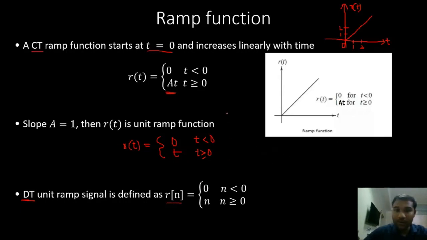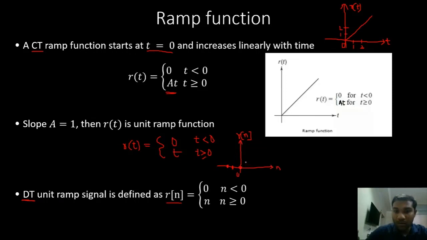Now we can draw the mathematical representation like this. For n, this is n and this is r of n. For 0 and values less than 0, it is 0.